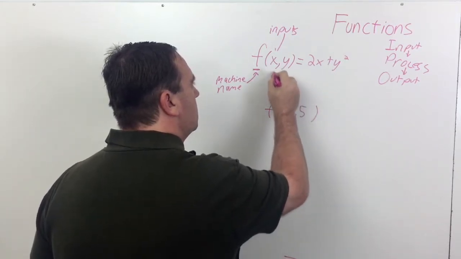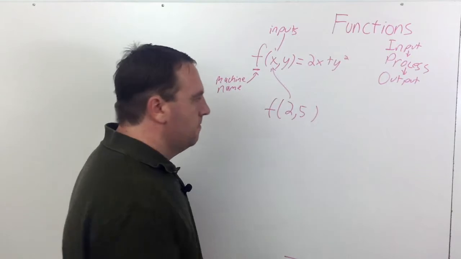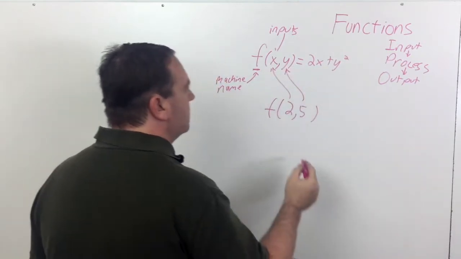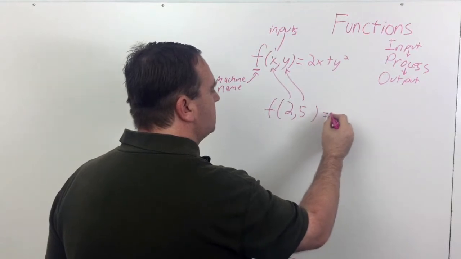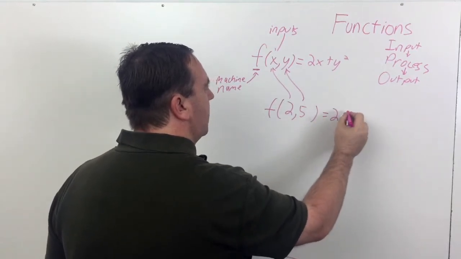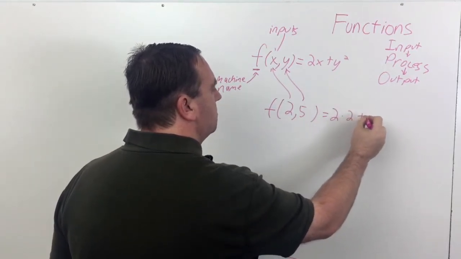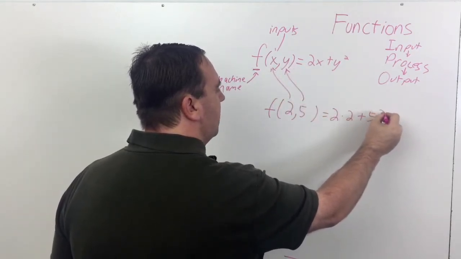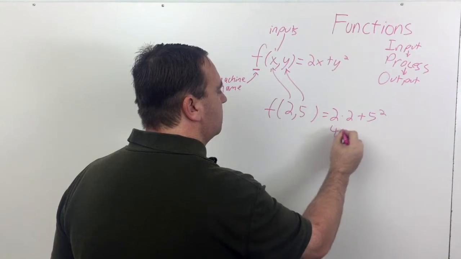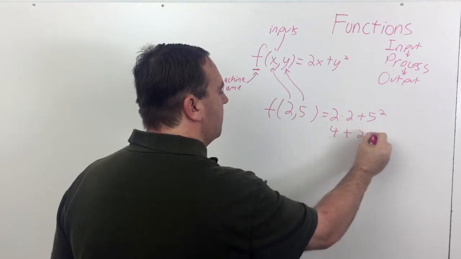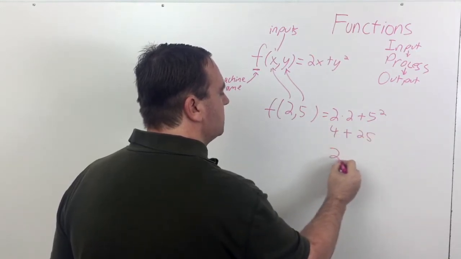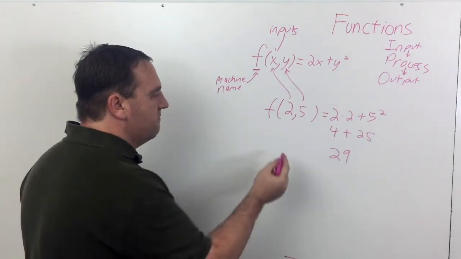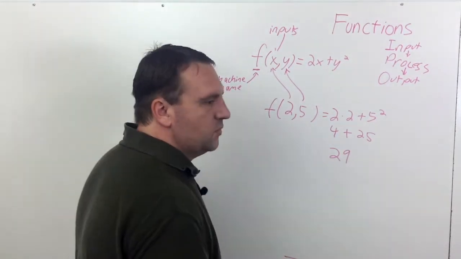Well, 2 goes in the x spot, and 5 goes in the y spot. So 2x, that's 2 times 2, plus 5 is in our y spot, 5 squared. So it's 4 plus 25, which gives us 29. Okay, so f of 2, 5 is 29.